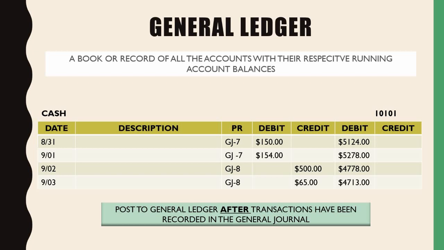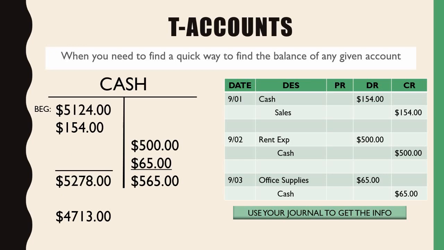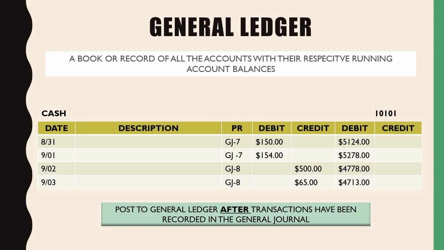So now you have $5,124 even. So you must have started out with something. And then next, on September 1st, you have an increase for $154. Again, that's referring to the transaction here, that I had a sale, I had to pay for rent.